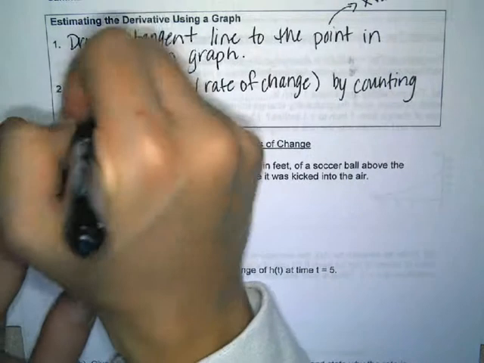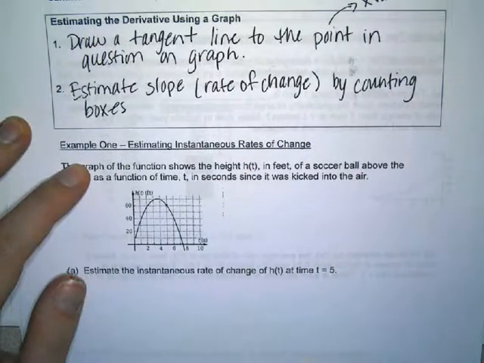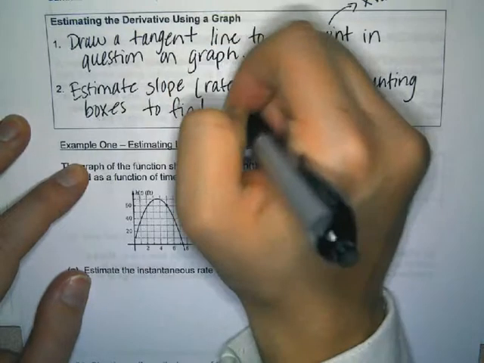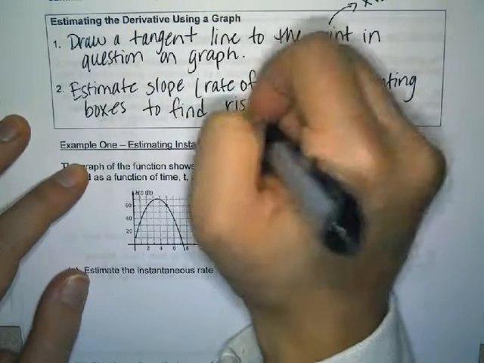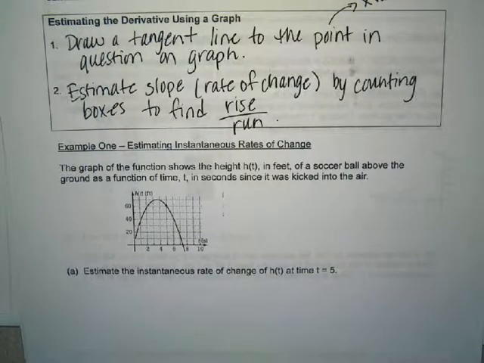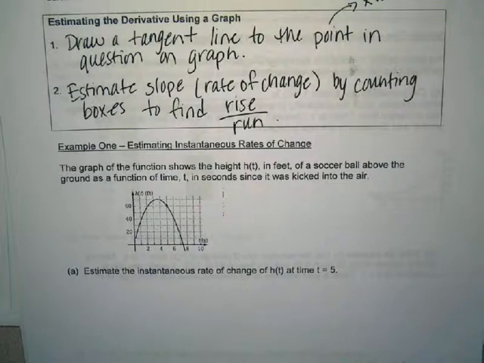So, Kenny, what do I do? First you draw your tangent line. At what value? At the 5 second. Yeah, at 5. So you go to where the time in question is, at t equals 5. We're going to go to where t is 5 on our graph, which they've actually already identified with a little point here. And you're going to draw your tangent line.